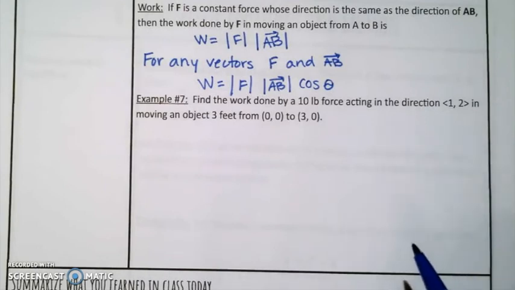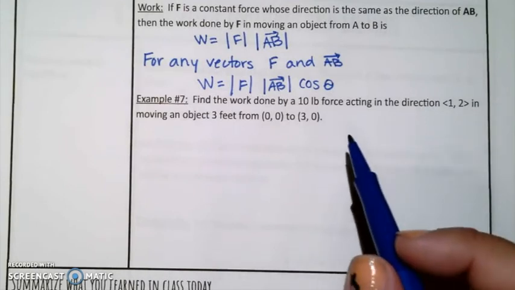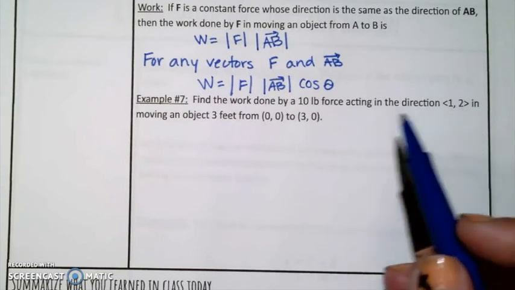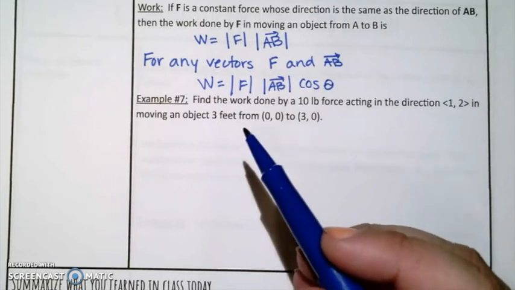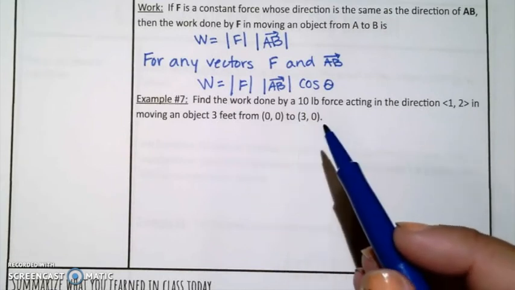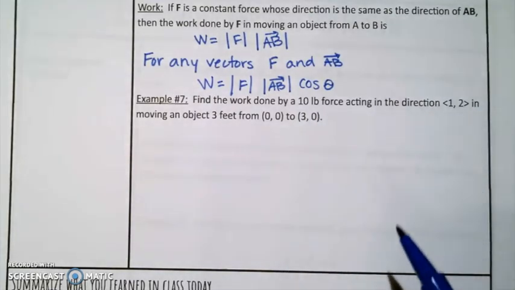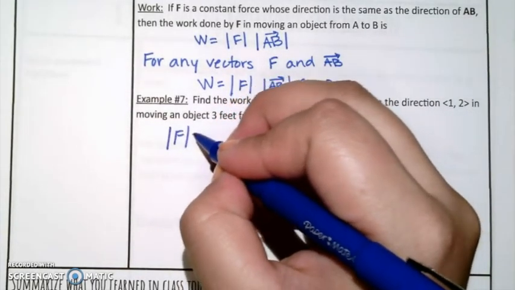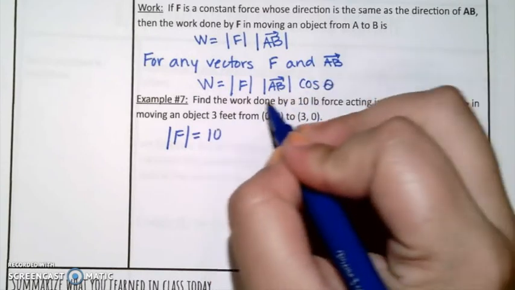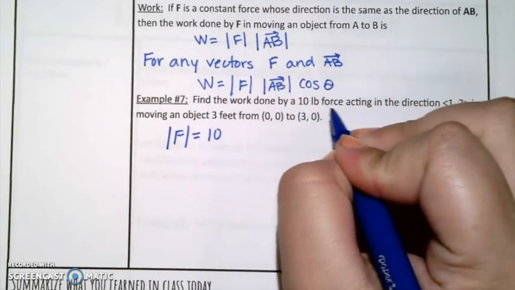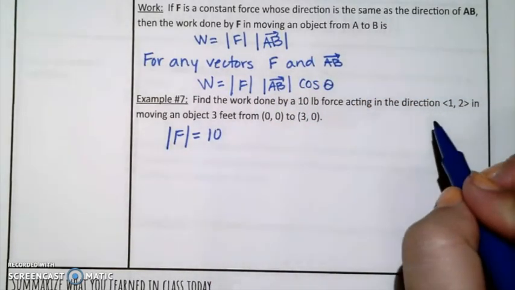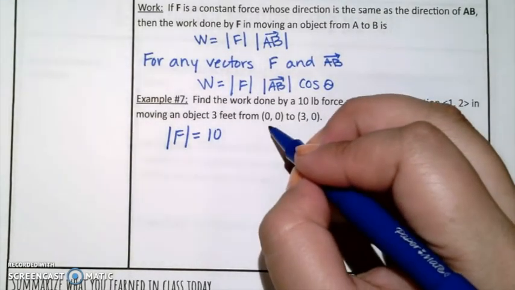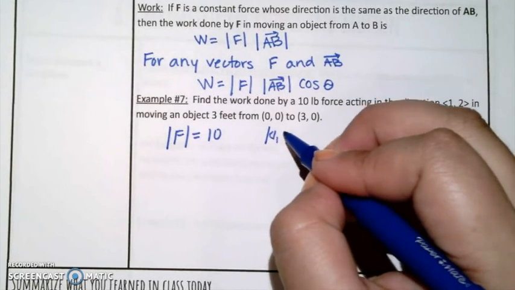On example 7, find the work done by a 10-pound force acting in the direction 1, 2 in moving an object 3 feet from 0, 0 to 3, 0. So let's start off by saying that the magnitude of our force is 10. It's a 10-pound force, and it's in the direction of 1, 2. So let's find the magnitude of 1, 2.